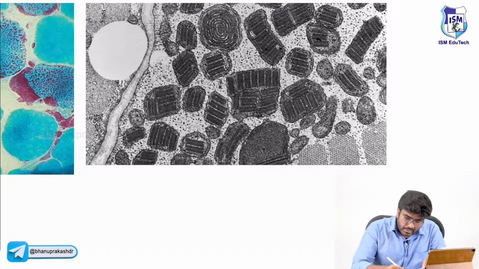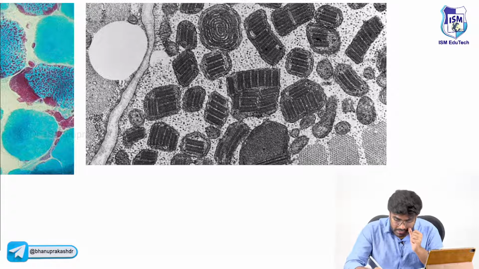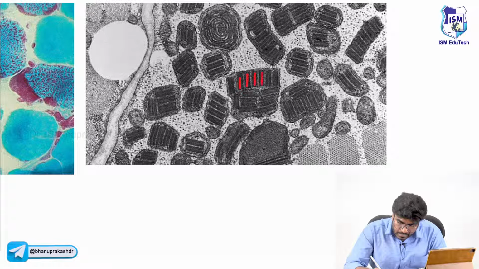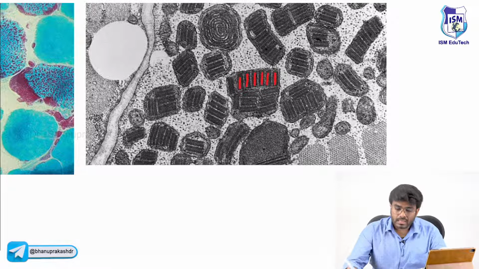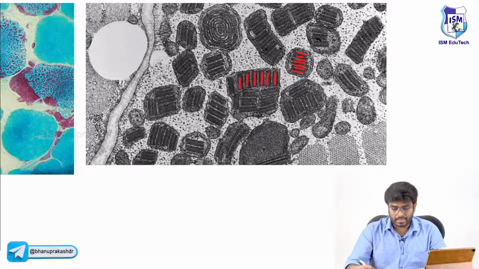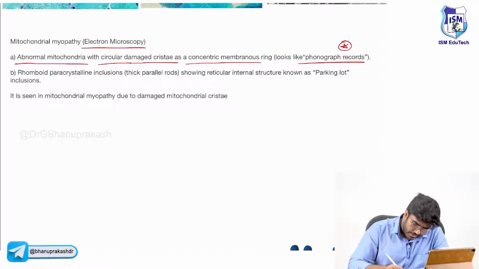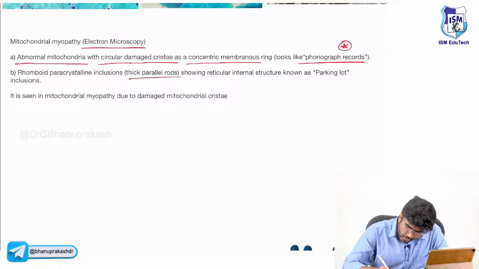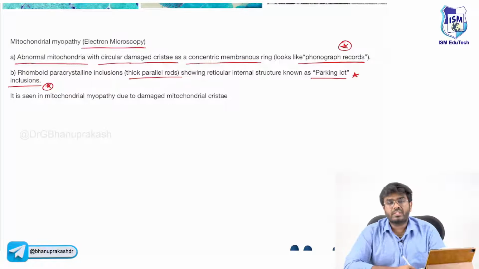And not only that, inside the mitochondria, the cristae are arranged like car parking. Look here, you can see thick parallel rod inclusions. This is called the parking lot appearance, or parking lot inclusions, in the damaged mitochondria.